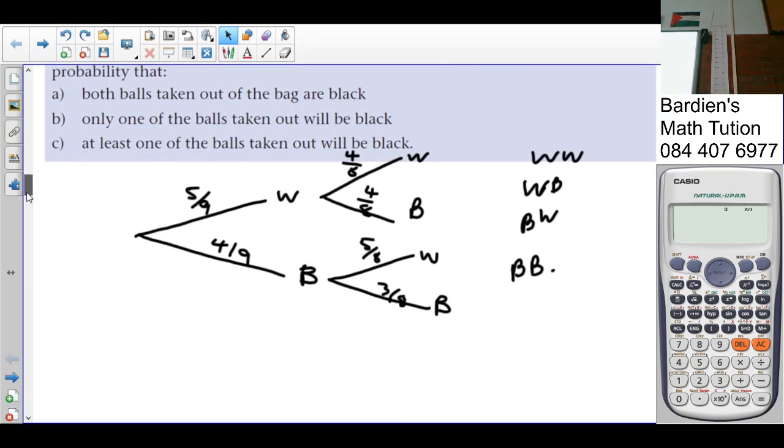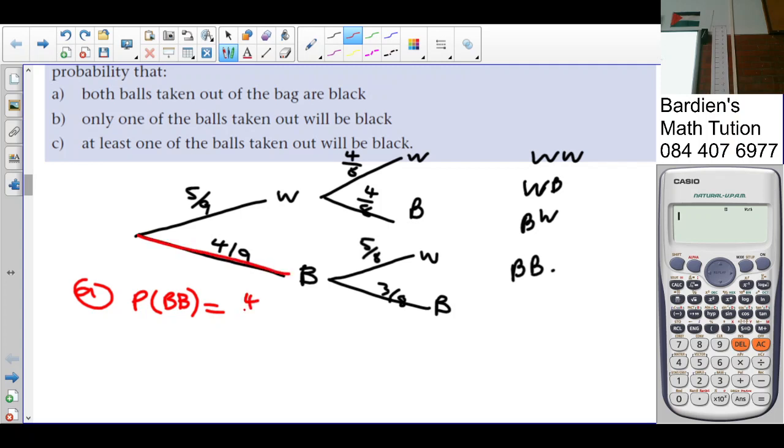Let's look at the first question. Let's calculate the probability that in the first case both balls taken out are black. So what's the probability of both being black?